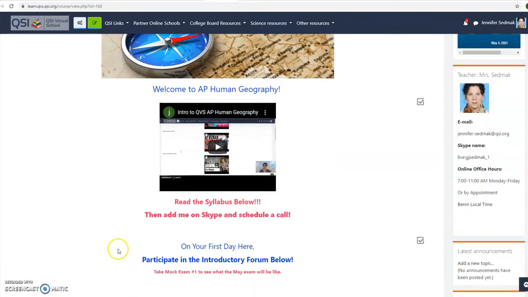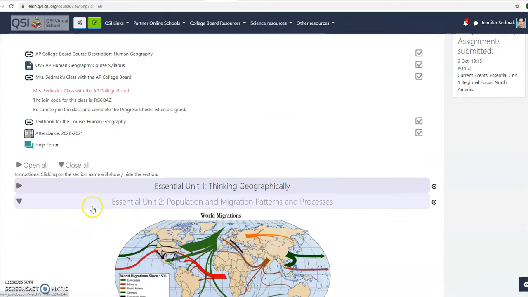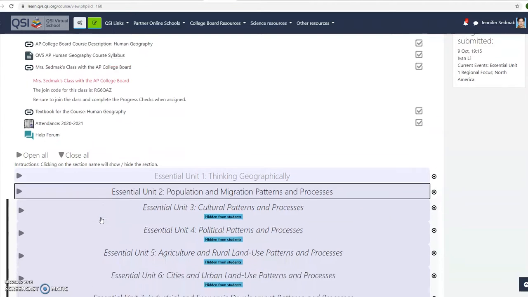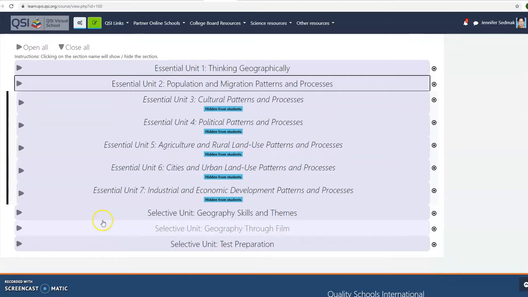So here we go. We are on the course page, and I'm going to close that one really quick. Essential Unit 1 is still open, yet I have to warn you, if you are still back in Essential Unit 1, you really need to pick up the pace because we are moving further in Essential Unit 2. I want you to begin this week by going back to this selective unit called Geography Through Film.